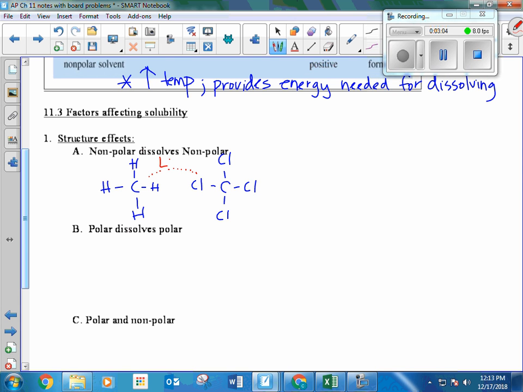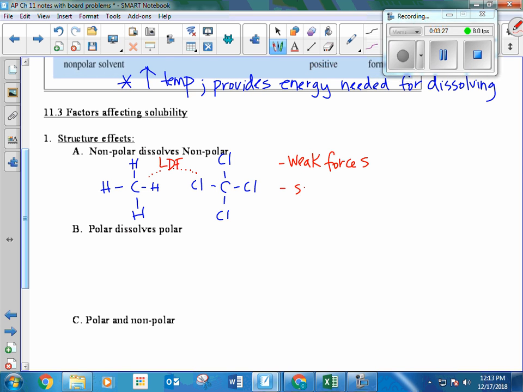And so this is going to be the LDF. There is some low-level attractions that are there. So remember that these are weak forces. And in this situation, the molecules are just able to slide between the molecules. There's not a lot of space that's created in here because the forces are so weak.